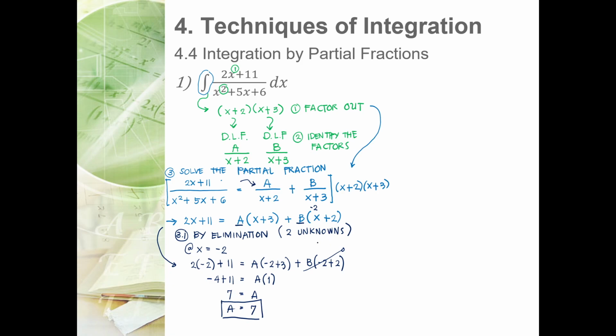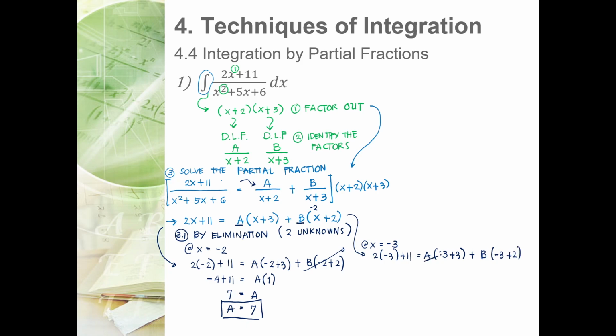Since we have determined a, we need to eliminate a in the next step by letting x be equal to something. So at x is equal to negative 3 this time, because we need to eliminate the a variable now. So this becomes 2 times negative 3 plus 11 is equal to a times negative 3 plus 3 plus b times negative 3 plus 2.